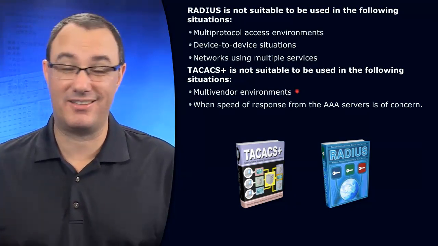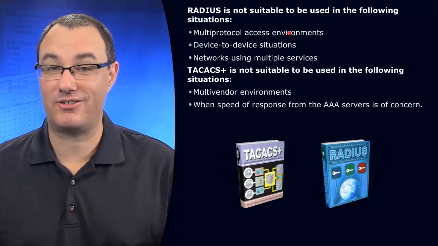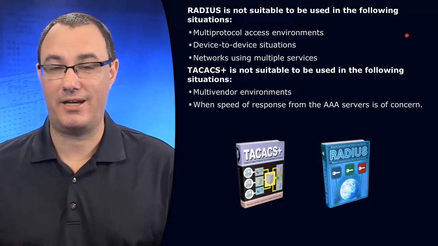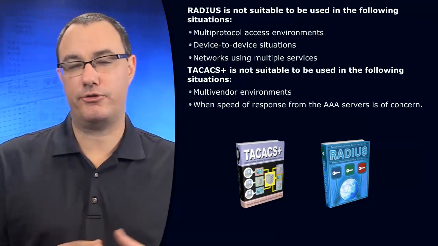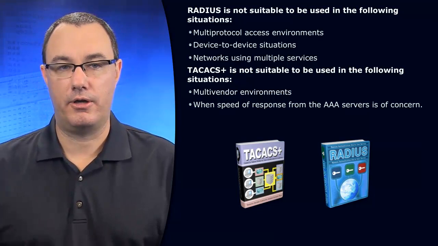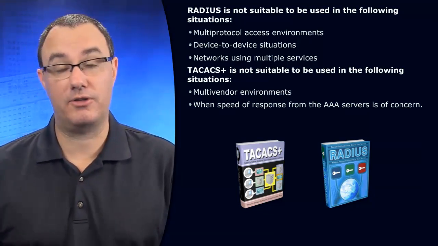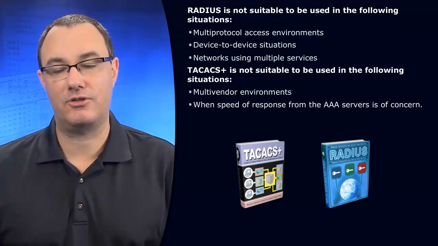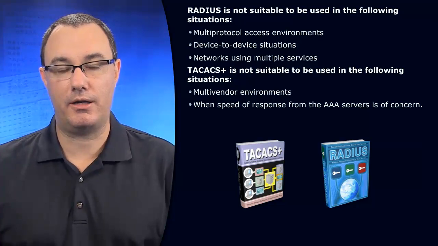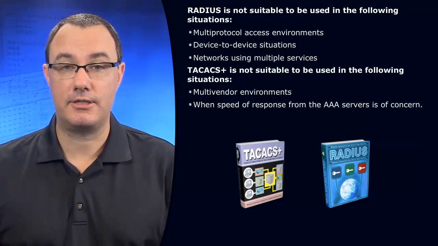That's easy because this is Cisco proprietary. When speed matters, Radius is faster. So those are some reasons to choose one over another. If I were not sure, I'm probably going to go with Radius because I'm going to get a little more functionality, like 802.1x authentication, because Radius supports .1x.